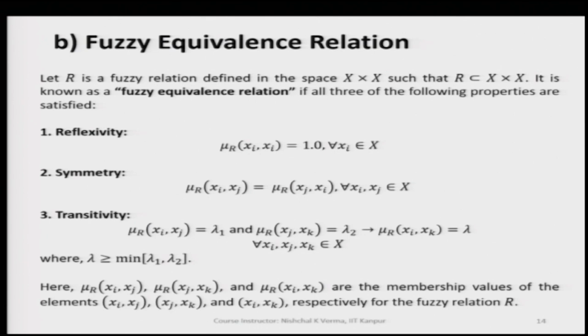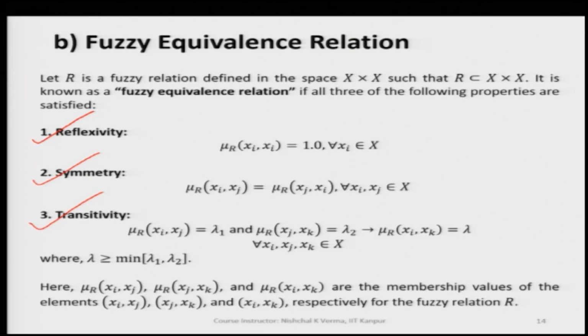It is because for fuzzy equivalence relation we have three properties that need to be satisfied. Apart from reflexivity and symmetry, we have an additional property which is transitivity, and these three properties need to be satisfied before any fuzzy relation R can be called a fuzzy equivalence relation.